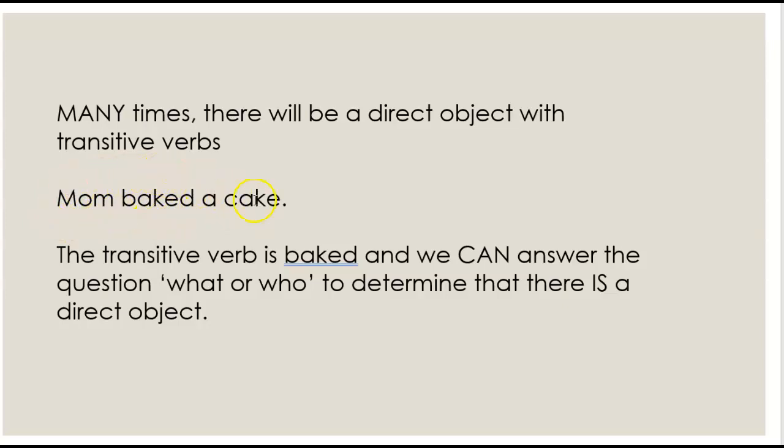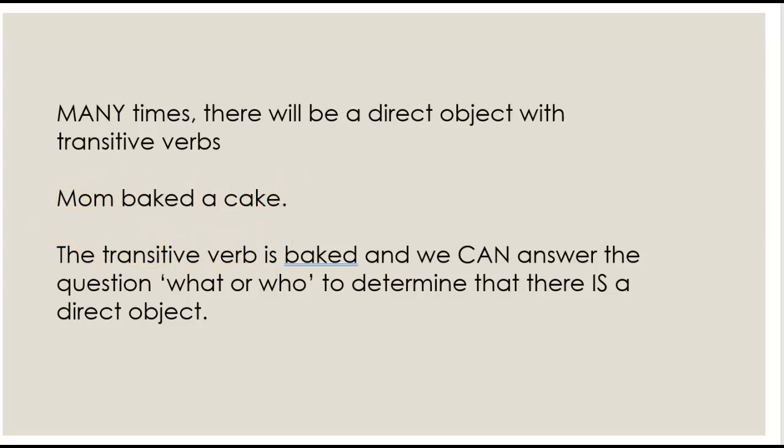But then we can go further and answer: Mom baked what? Then we have a direct object. Now, it could be Mom baked who or what? Hopefully she's not baking any who's. But if we have something that can answer that what question, then we probably have a direct object. So that is the test: ask that last question.